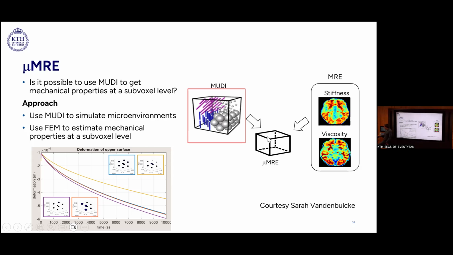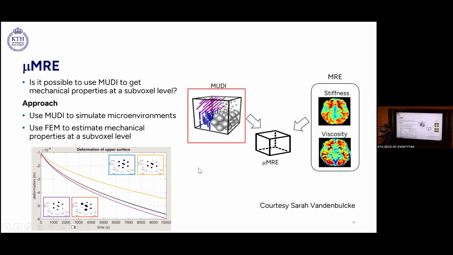So then the question is, is it possible to get more descriptions of the mechanics that are happening inside the voxel, just combining the information from Moody and the stiffness that you get from MRE? So then let's say that you have these specific compartments in Moody, so then you can get something like micro stiffness. This is kind of the idea.